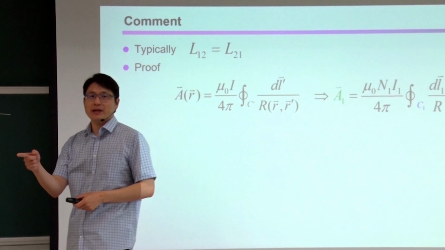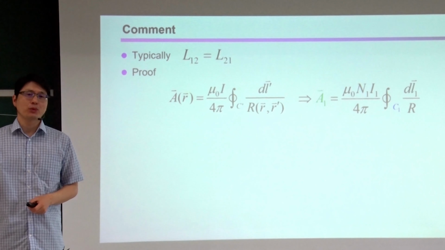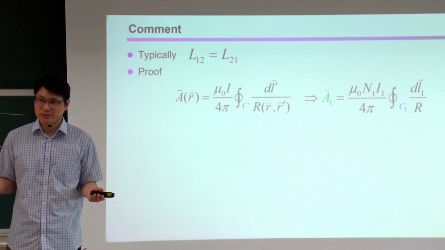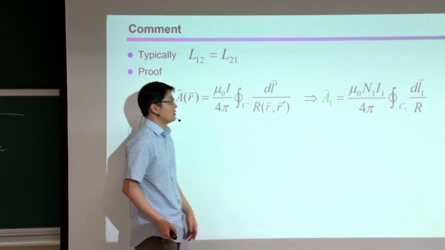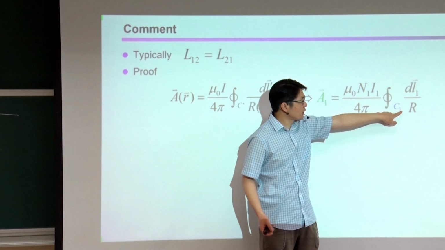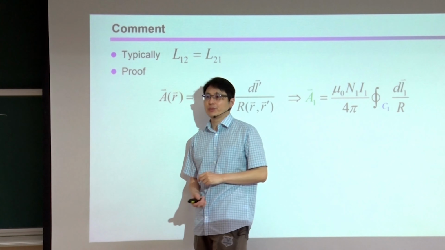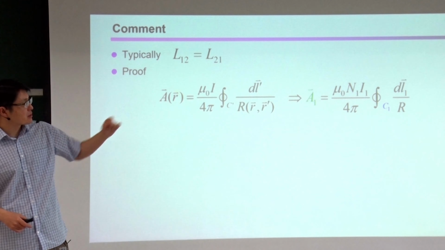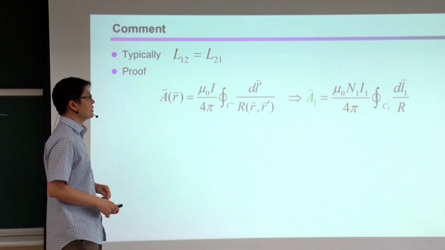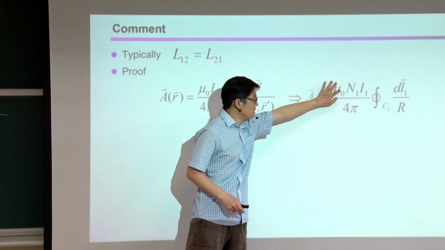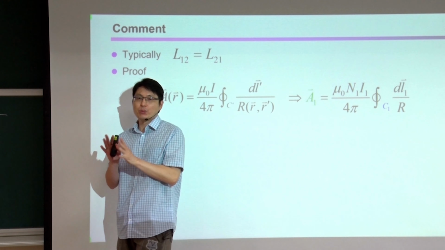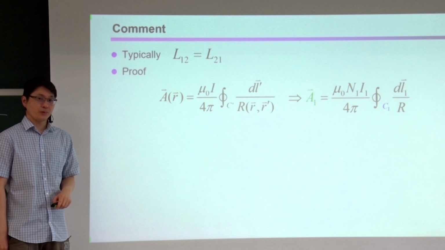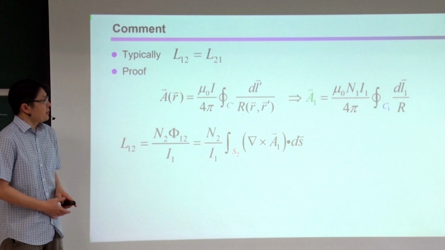You send in a constant current into loop number 1, it sets up its vector magnetic potential, A1. So you perform the closed loop integration over the differential length over loop 1, and you multiply by its current, its winding number, you multiply by this, divide by this, that is your A1.